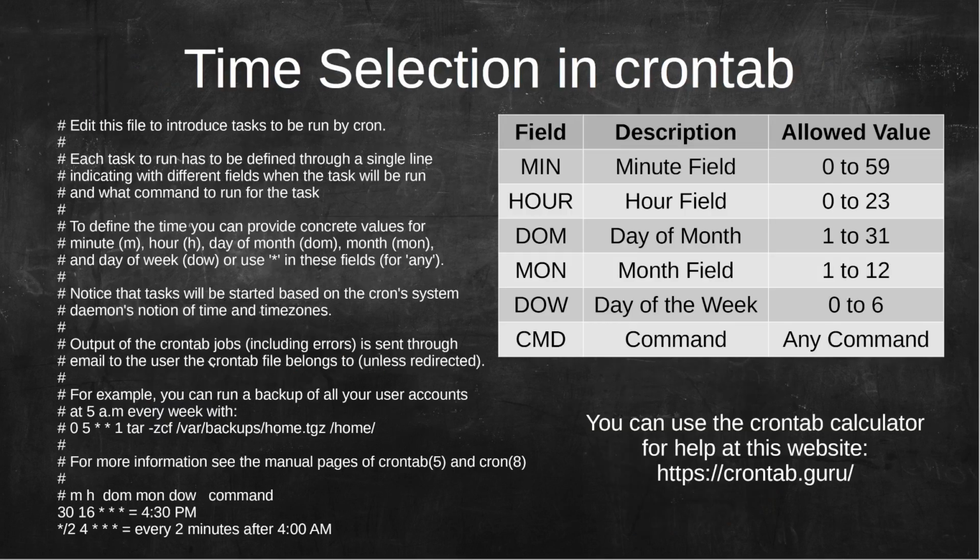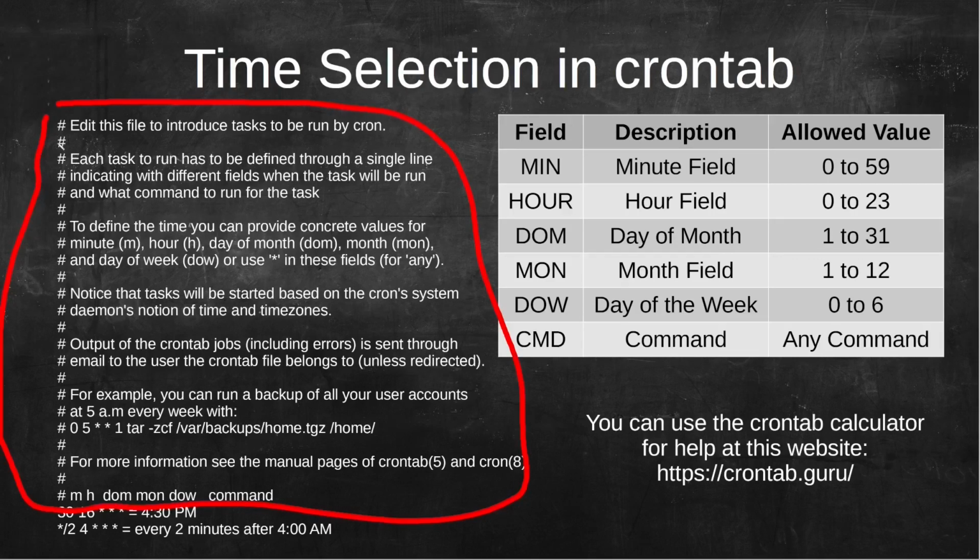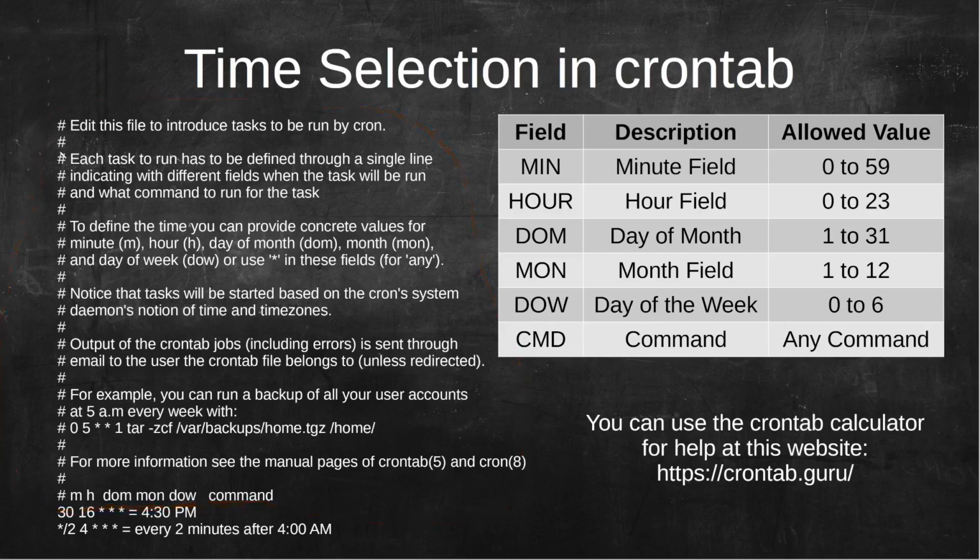Now, to select the time that you want to run your commands, this is what a lot of people have a little more difficulty with. They're going to give you a nice little text box whenever you enter your crontab, and it's going to give you a brief description to remind you of how to enter the times. But pretty much the first field is the minute field, then the hour field, the day of the month, the month field, the day of the week, and afterwards you put your command.